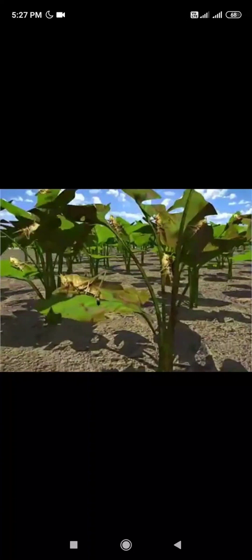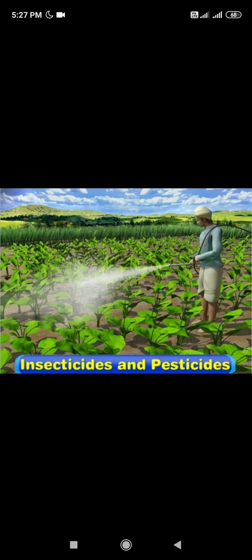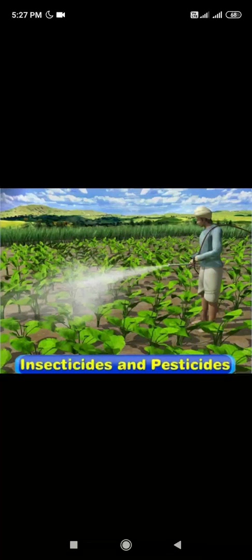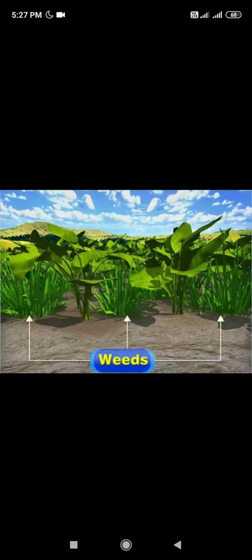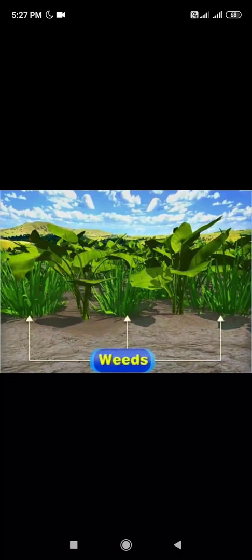Various harmful insects or pests like leafhopper damage our crop, so various chemicals like insecticides and pesticides are sprayed by the farmer to remove them. And apart from insects and pests, unwanted plants, which are called weeds, also grow along with the crops.